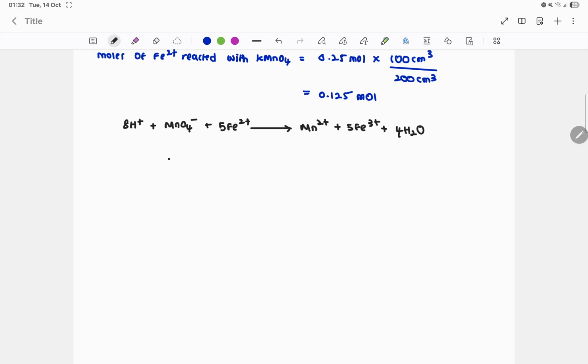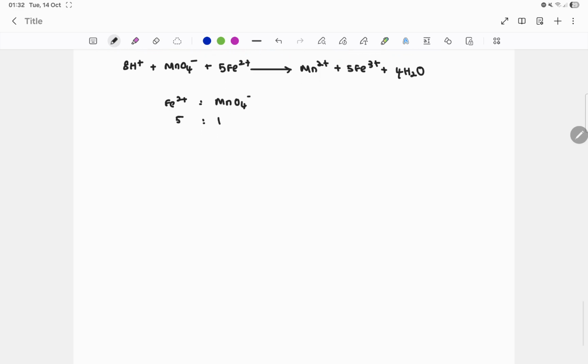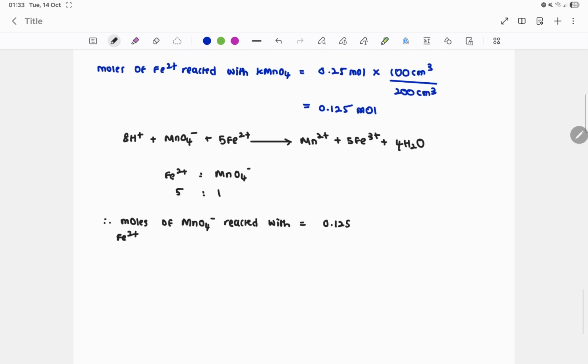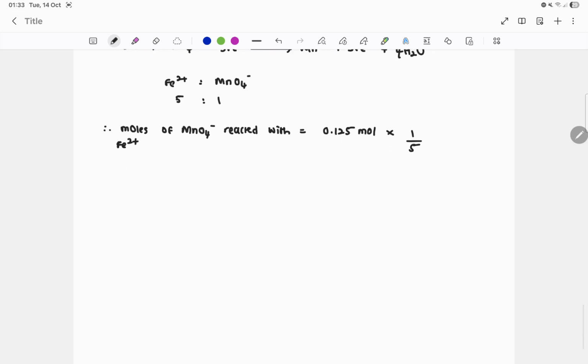So Fe2+ to MnO4- is 5:1. Therefore, moles of MnO4- reacted with Fe2+ equals 0.125 moles into 1/5, because the ratio is 5:1.